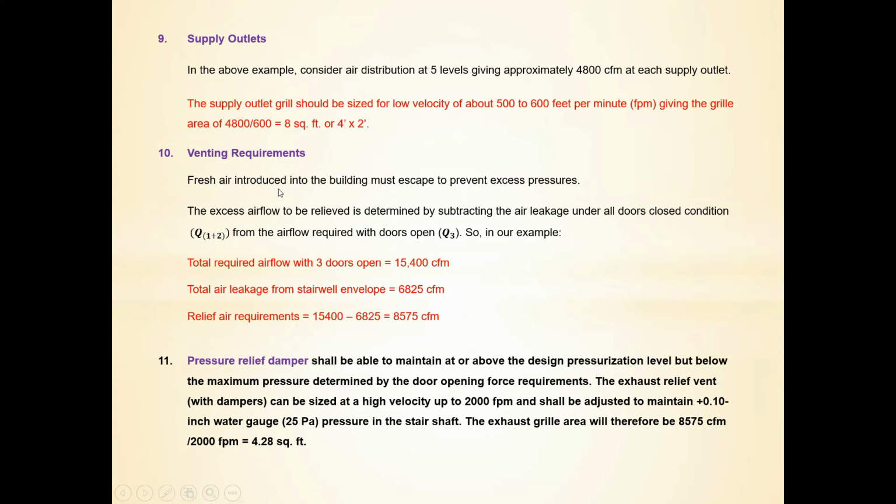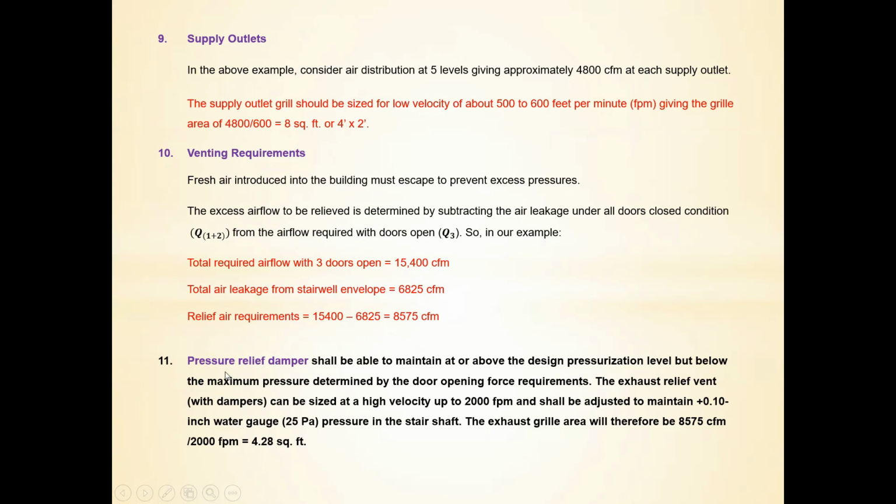Now, venting requirements to prevent excessive pressurization, that we said is to be designed based on the differential of the airflow leakage when all the doors are open minus when all the doors are closed. So the total air requirement with 3 doors open was 15,400 CFM, and the total air leakage from the envelope is 6825, and that is 15,400 minus 6825, which is 8575 CFM.